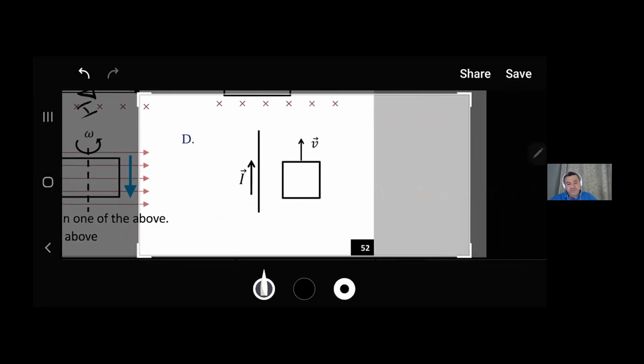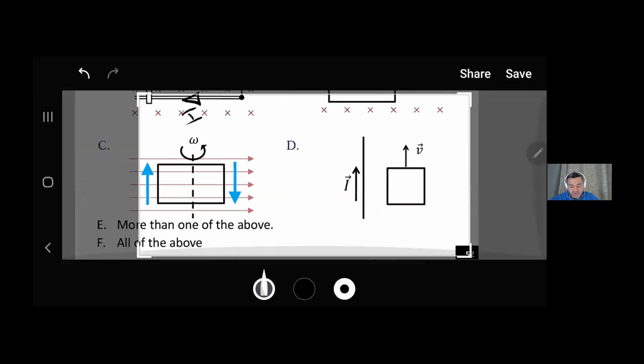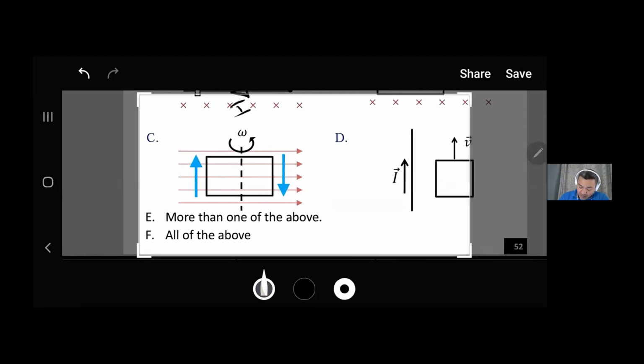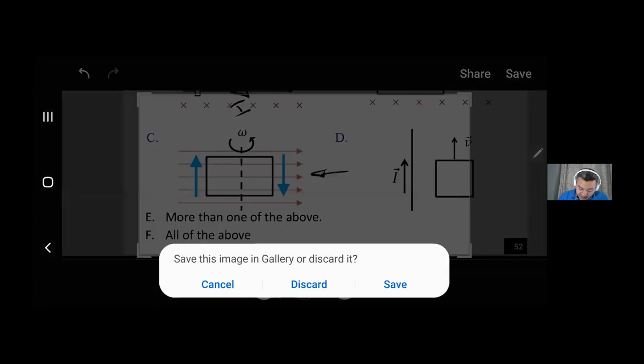Because the area is changing, if you, for example, look from here, you're going to see, I will now redraw this.